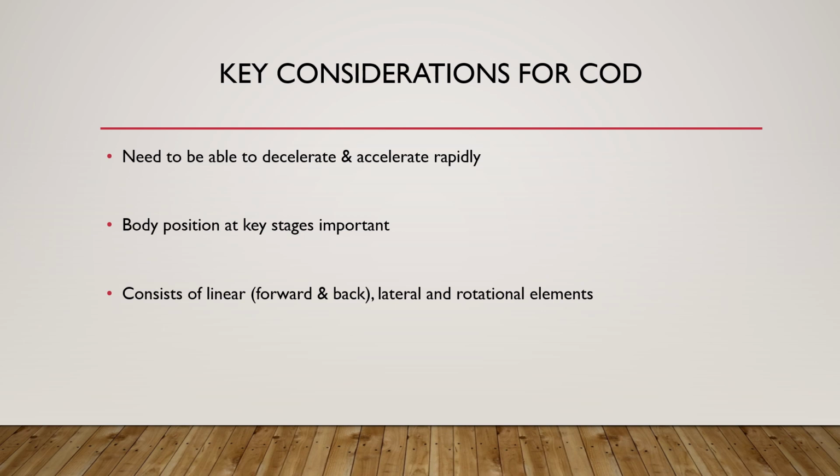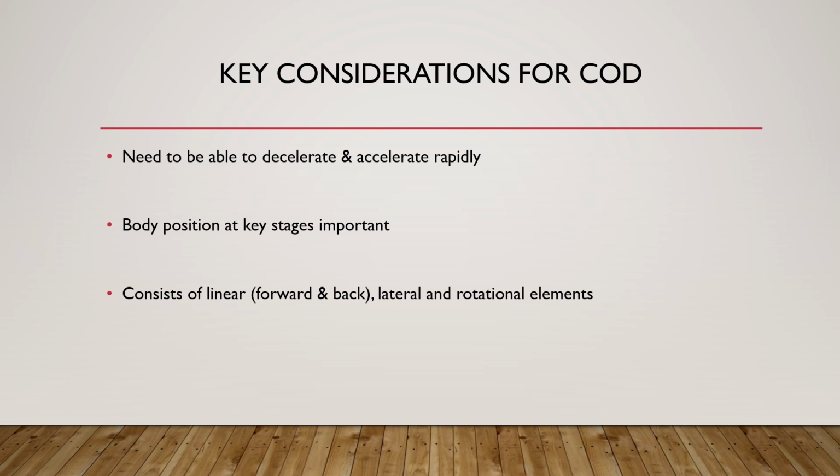And so in order to be able to effectively apply force to the floor, body position is a key factor that we need to think about. And having good body position, having good mobility is going to play a key role in an effective and efficient change of direction.